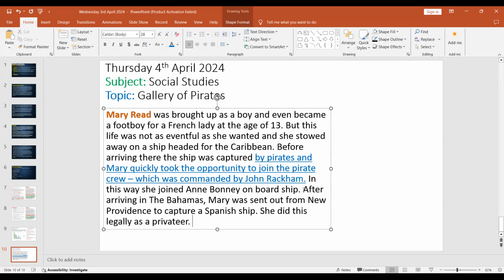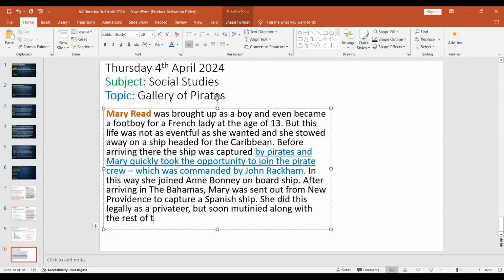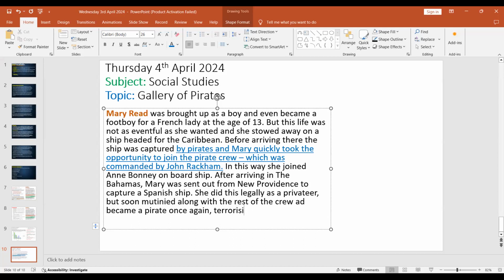But in this venture, she set off to capture a Spanish ship as a privateer, but soon mutinied along with the rest of the crew and became a pirate once again, terrorizing the Caribbean along with Rackham and Anne Bonny.